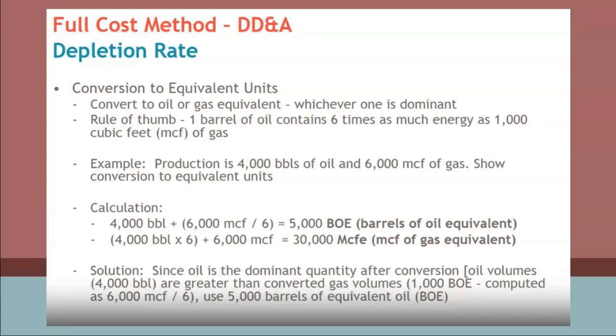Since oil is the dominant quantity after conversion, if you look at how many barrels of oil there were compared to how many BOE of gas there were, which was 1,000, then you see that BOE is the dominant unit. So we need to stick with the first calculation, which converts the gas MCF to BOE. And then we're going to do our depletion calc all based in BOE.